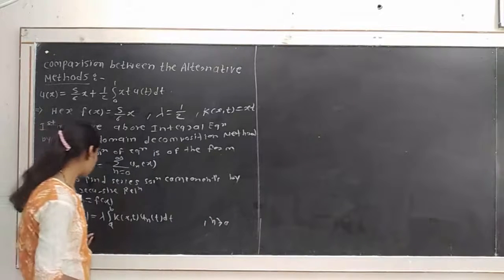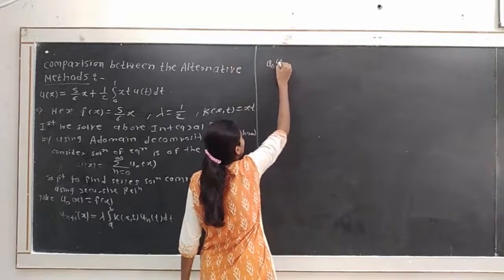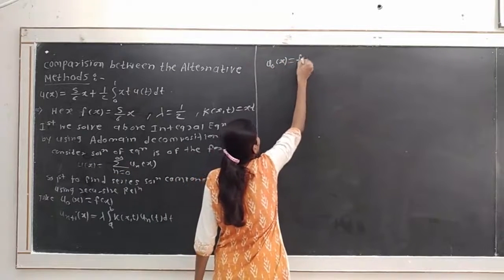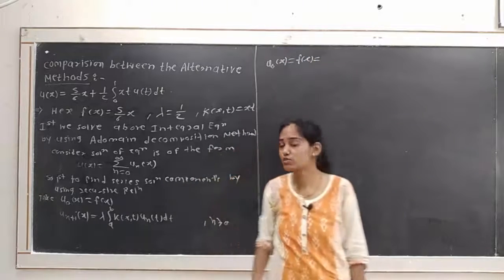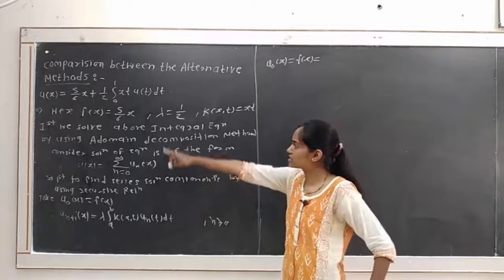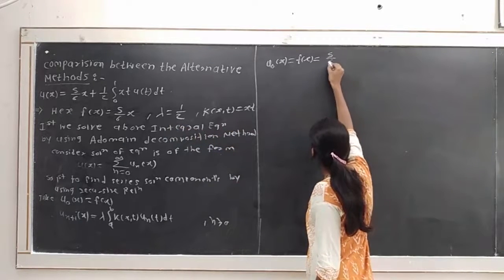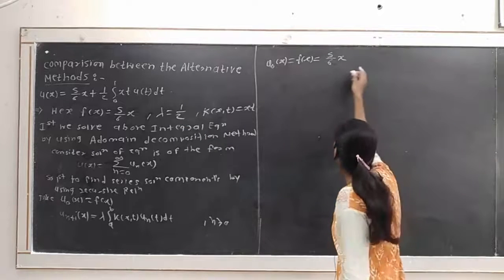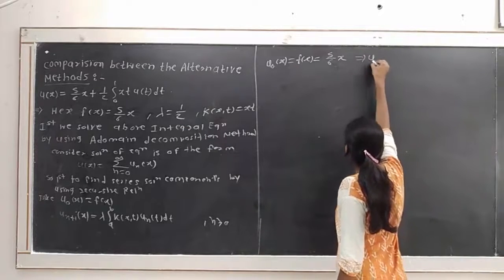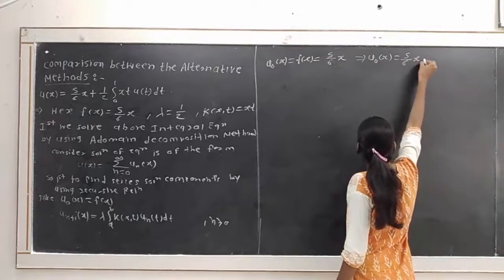So first we have to take the zeroth component, u0 of x is equal to f of x, and here f of x is 5 divided by 6 into x. So u0 of x is equal to 5 divided by 6 into x.